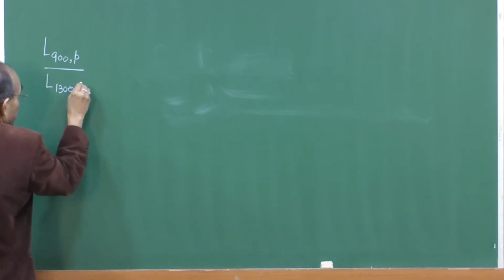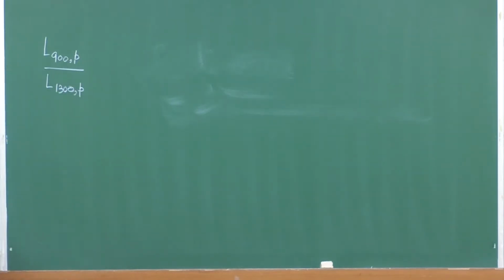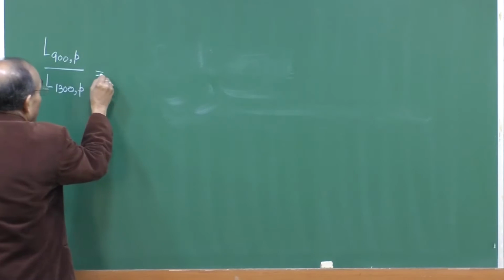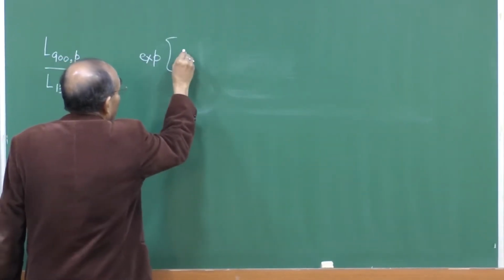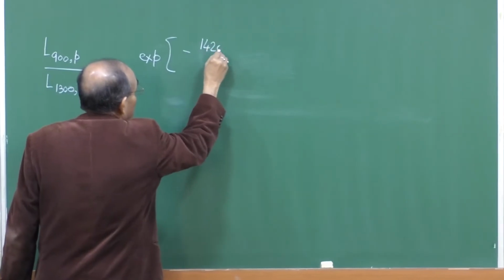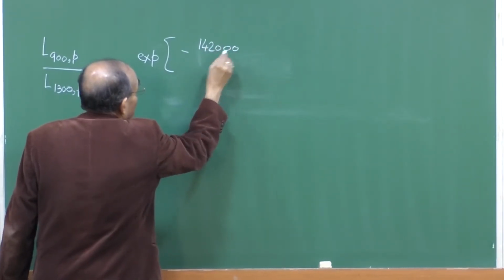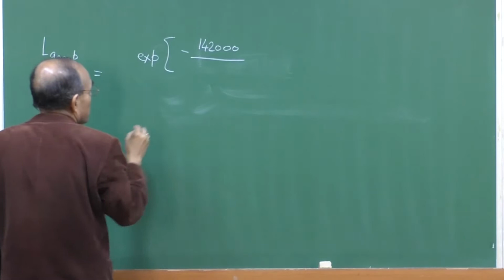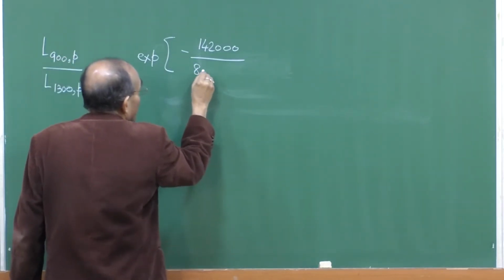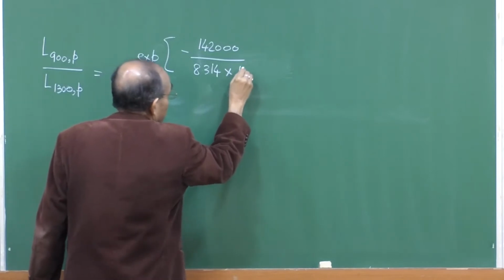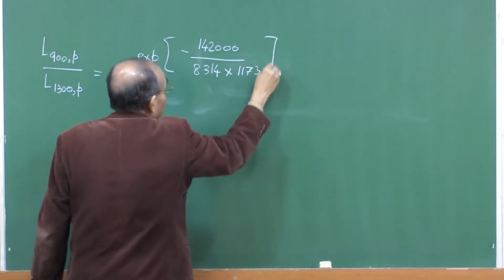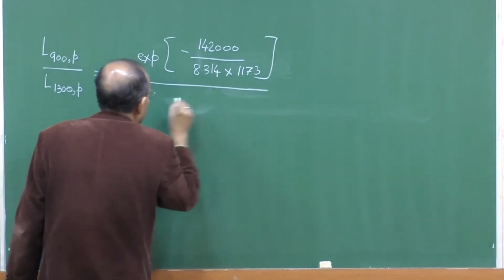These are at degrees centigrade, and I have shown that these values are going to be exponential minus 142,000 divided by 8.314, that is the value of R, and this is 1173, and divided by exponential.